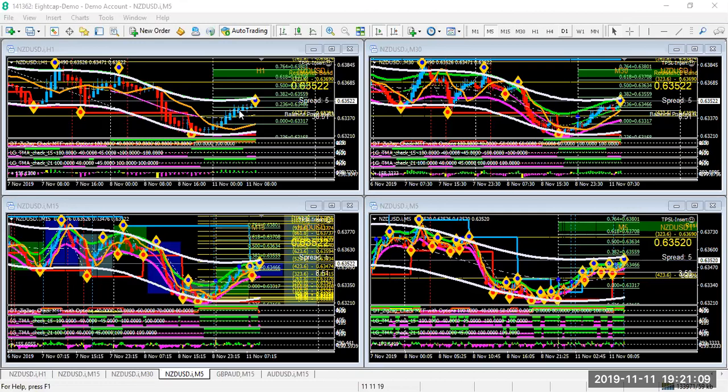Okay, so today's trading, really for New Zealand, US, the early alert was a diamond going out later on Friday session.